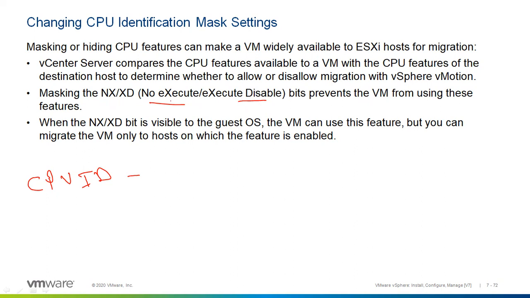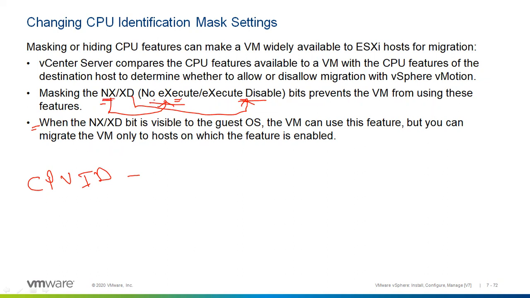So these identification masks: NX means No Execute, or XD. These are the same feature, but the names are different. If you say No Execute or Execute Disable, at the end of the day the answer is the same, correct? But the naming convention is a bit different. When it is Intel, this name will come like this. When it is an AMD CPU, this name will come as No Execute.